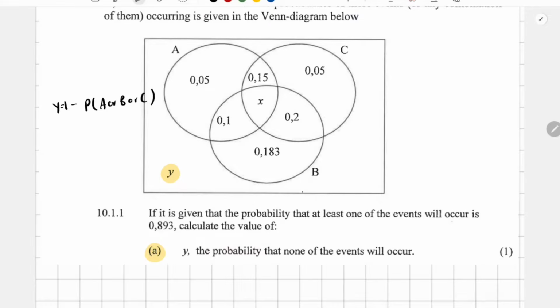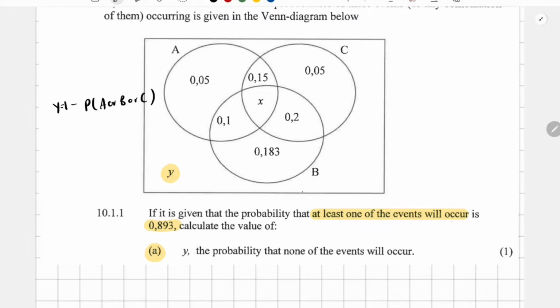Okay, now look at the scenario and see the case they gave you here. They told you that if it is given that the probability that at least one of the events will occur is this number, then you have to calculate the value of Y. At least really just means at lowest. So they're saying the minimum amount of events that should occur is 1.